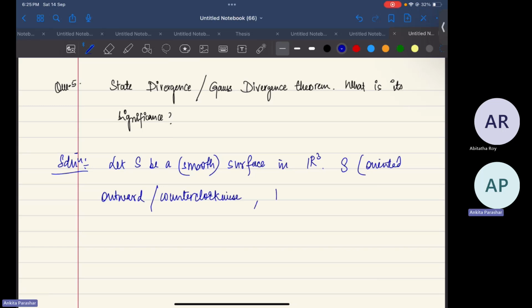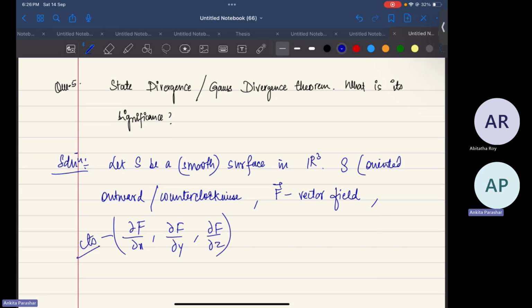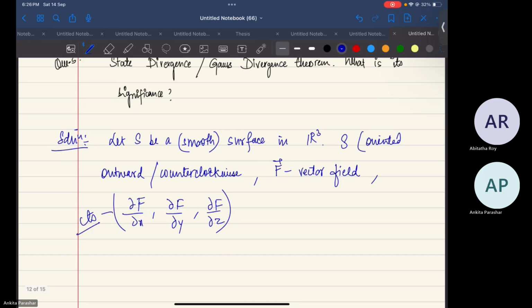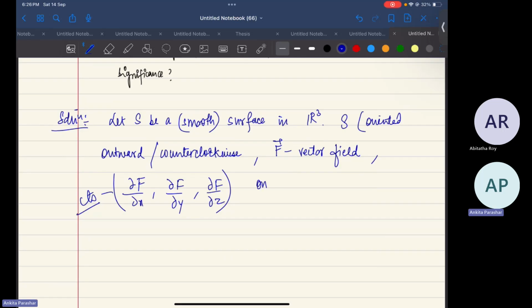And let F be a vector field which has continuous partial derivatives. That means if I take del f by del x, del f by del y, or del f by del z, they should be continuous functions. So the partial derivatives have to be continuous. This we assume on an open region.